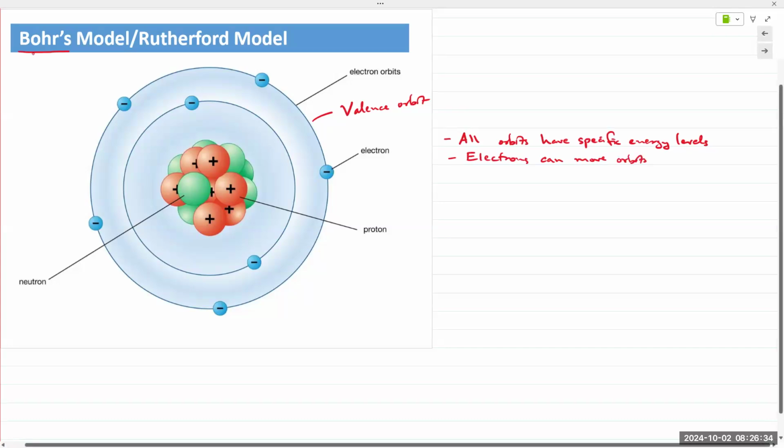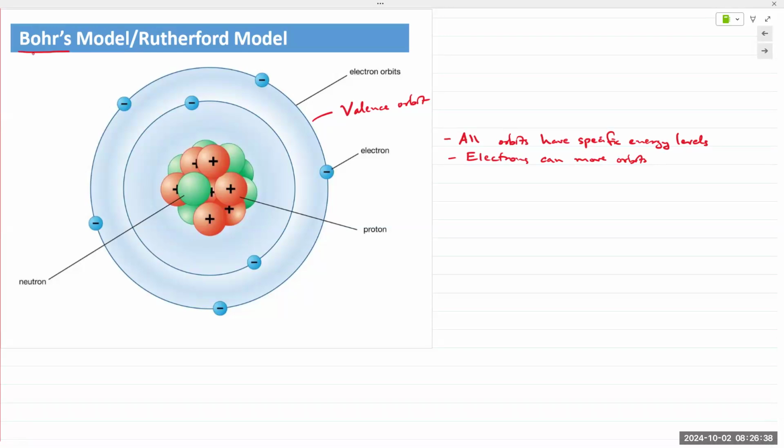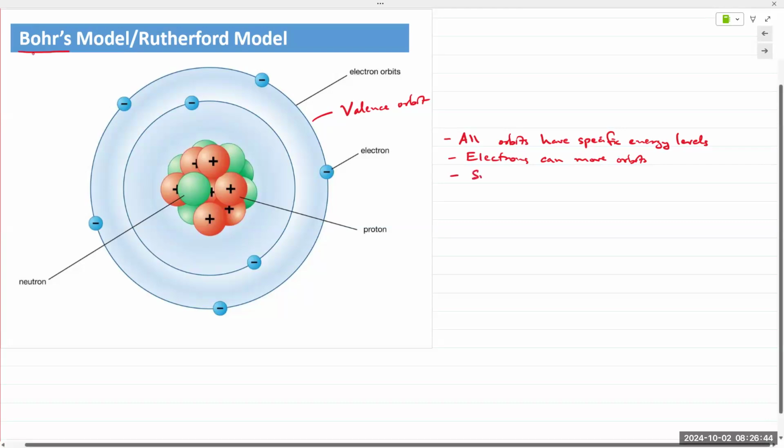So again, if an electron goes up an orbit, it acquires energy. And if it falls down, it loses energy in the form of heat or light. Lower energy level in smaller orbits, higher in larger orbits.